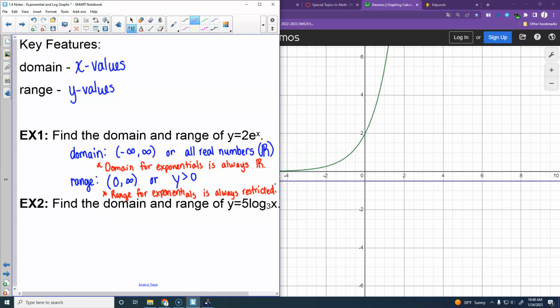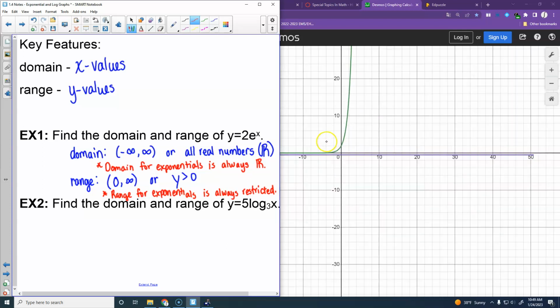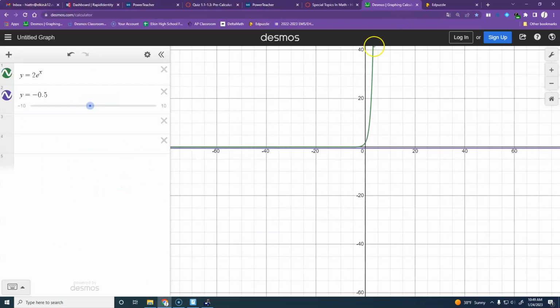So you should always have a horizontal asymptote somewhere for these. Sometimes it's a little hard to tell with the graph because exponentials are so steep. If I really zoom out right here, it really looks like that exponential might also have a vertical asymptote. It does not. Exponentials always have horizontal asymptotes. They do not have vertical asymptotes there. But sometimes it's a little hard to see from the graph.